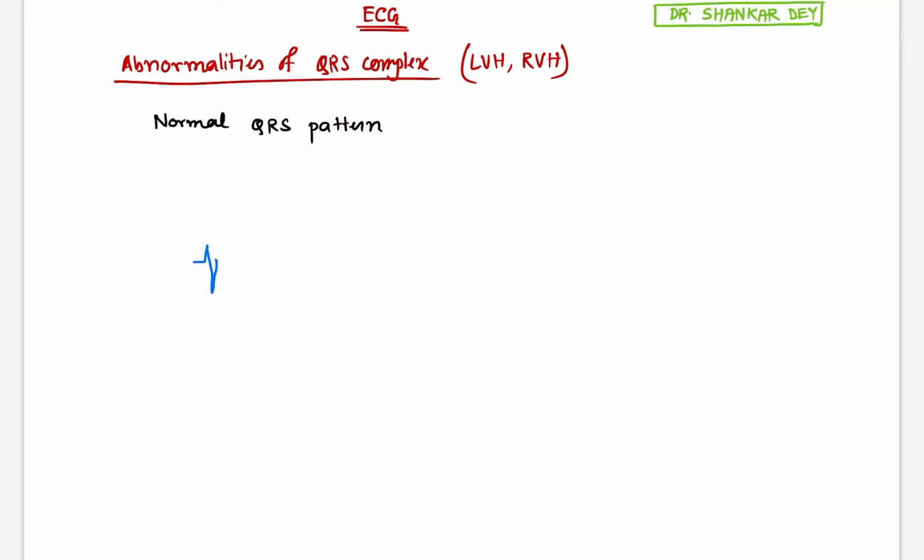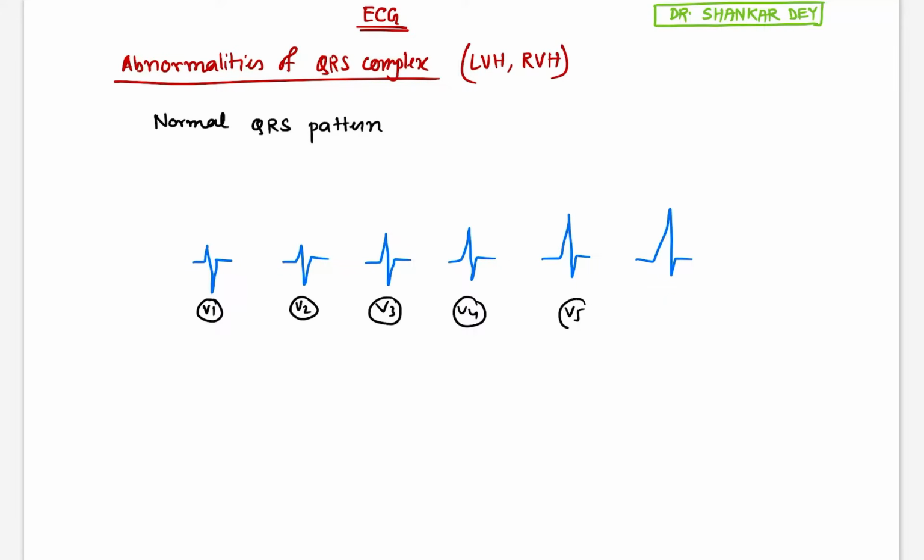Suppose this is V1, then this is V2, V3, V4, V5 and V6. So this is normal QRS morphology starting from chest lead V1 to V6.